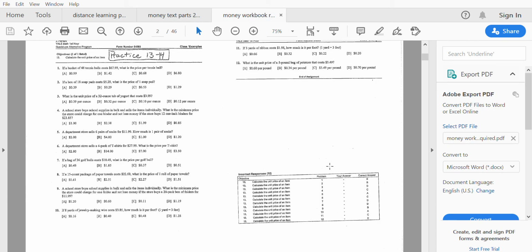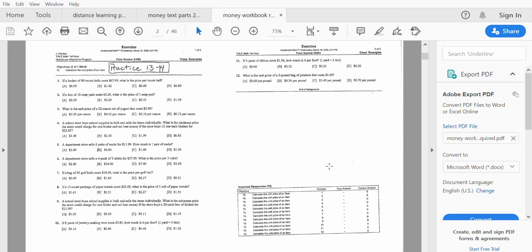If you turn the first page, it looks like this, and right here it says practice 13-14. That means the next 2 pages will be practices for objective 13 and 14, and then you should be looking at taking a test on those. So on this page right here, what you can do is go through and do as many of these as you feel you need to do.